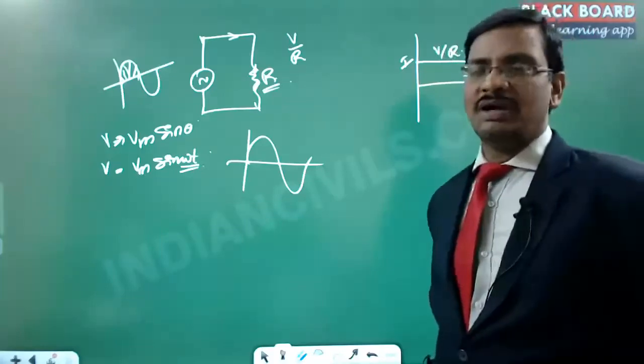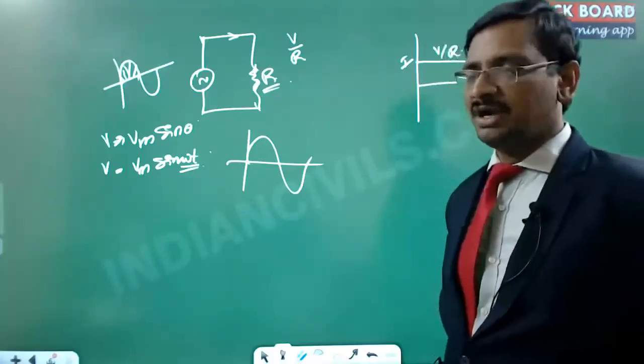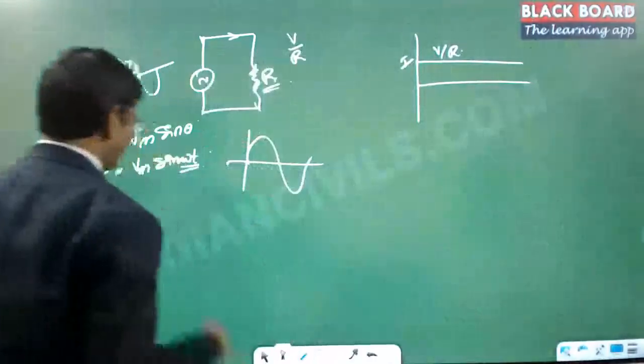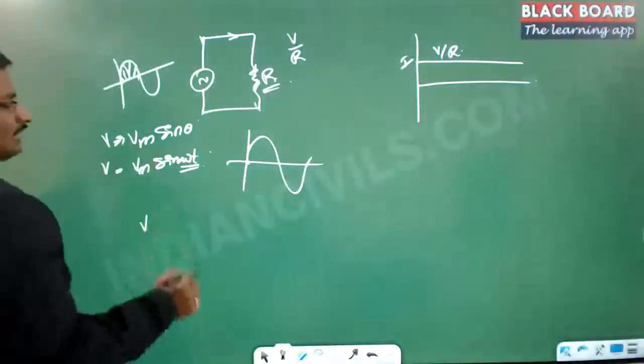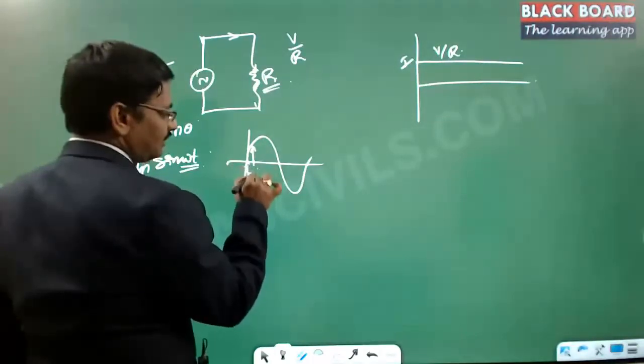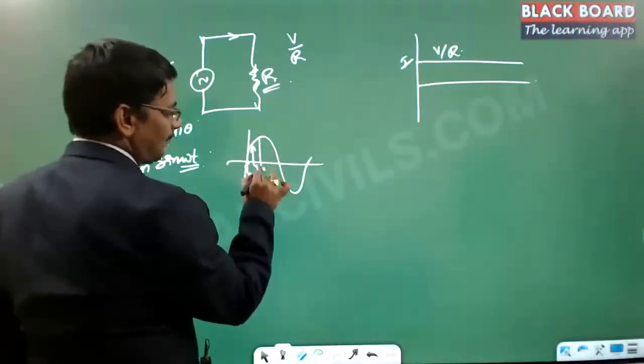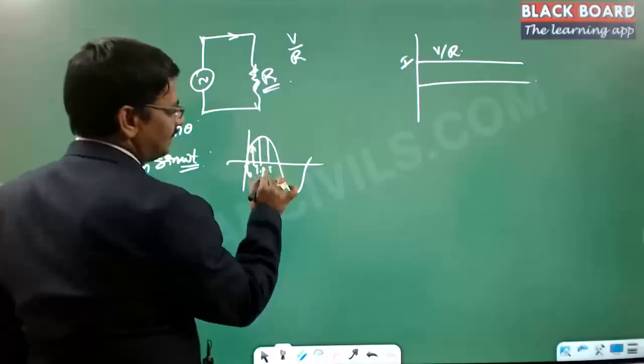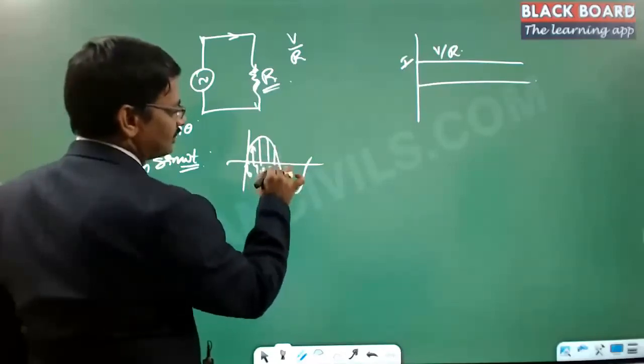So V average square by R will not give the correct result, because of how V average is taken. Suppose you take this expanded value. Suppose this is I1, this is I0, this is I1, I2, I3, I4, and this is I5.